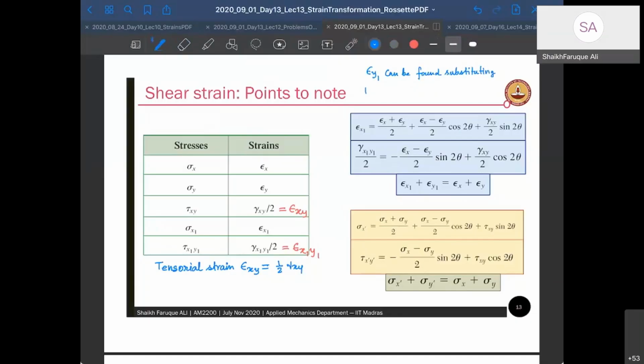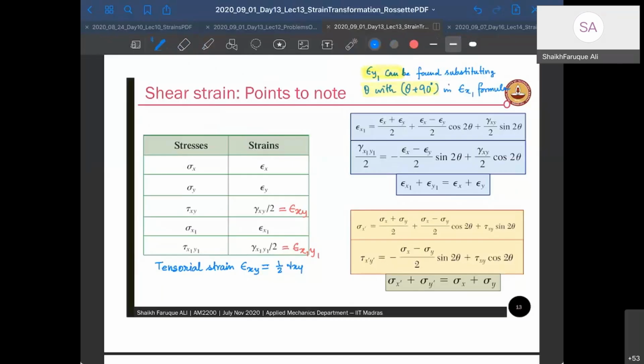That's why epsilon y1 is not necessary to determine separately. You can do it. We have done it for shear stresses, we have done it for normal stresses. We can do it for normal strains also, the same thing.